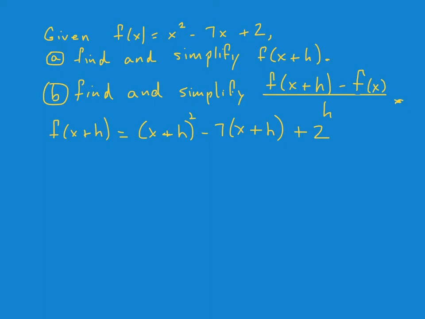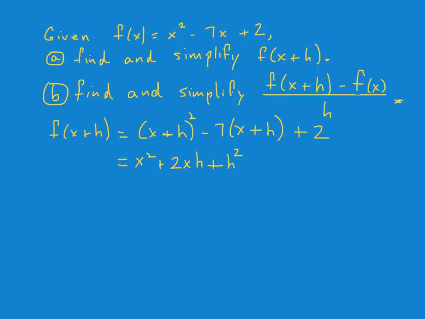Now, when you have the square of x plus h that we have right here, that means x plus h times x plus h. And x plus h times x plus h requires the FOIL process to multiply that out. So multiplying x plus h times x plus h, and write it out if you need to, you should get x squared plus 2 copies of x times h plus h squared.